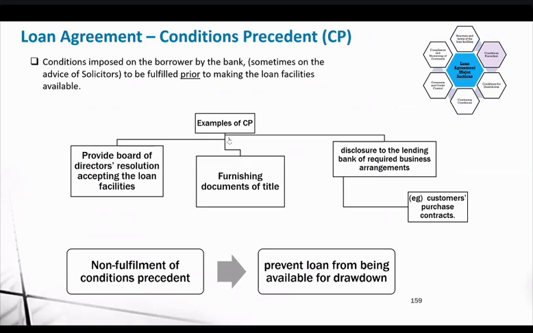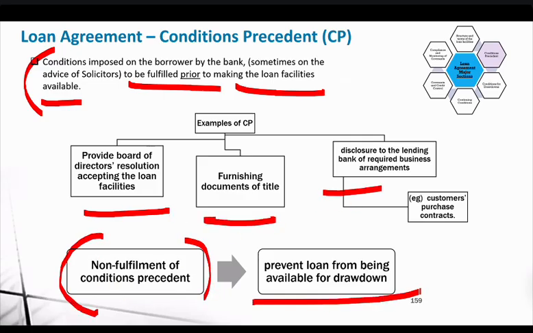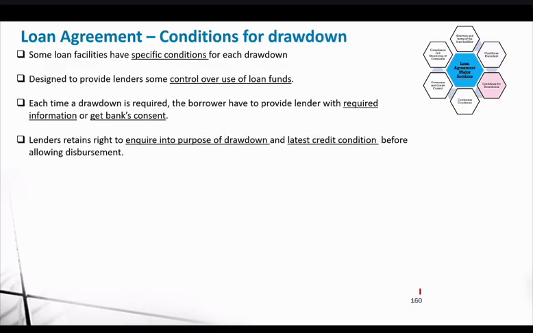So conditions precedent means conditions imposed by the bank to be fulfilled prior to making facilities available. These are the examples of CPs. Non-fulfillment of CPs prevents the loan from being made available for drawdown.